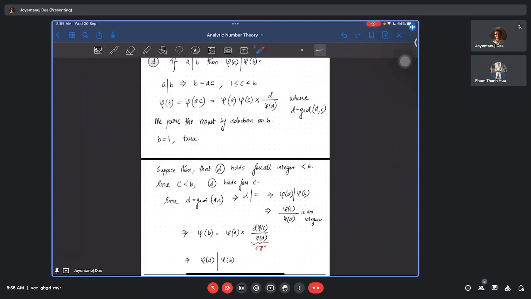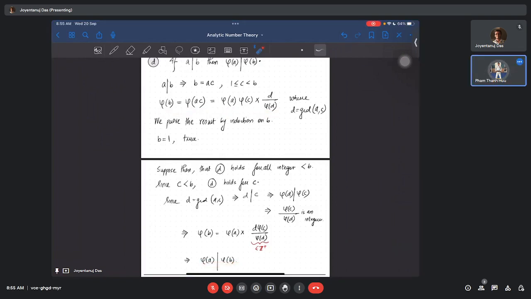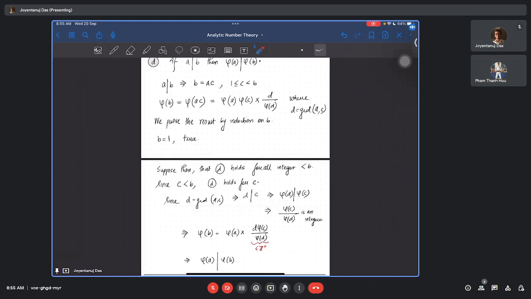So this is what we are proving: phi of A divides phi of B. Phi C over phi D, this part is using the induction hypothesis. We know that it is true for all integers less than B. So for C it is true, right? So since D divides C, phi of D divides phi of C. That is using the hypothesis.